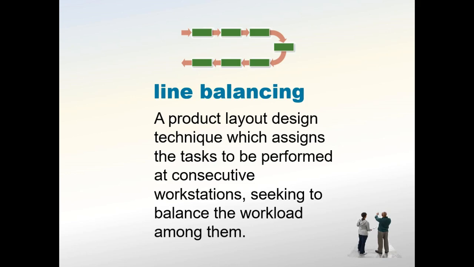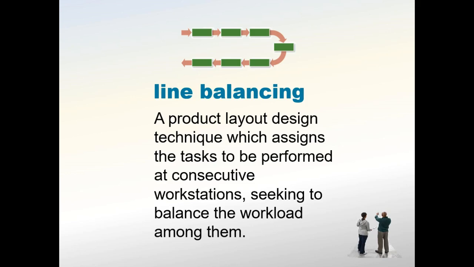Think of this as dividing the production work along the path, and the more equitable the division of this work, the smoother the operation. This design technique is called line balancing because its goal is to divide transformation as evenly as possible, balancing the workload along the path.